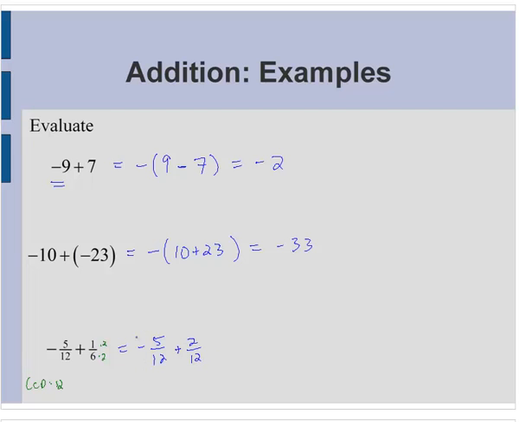The 5 is larger than the 2, so I know the sign will be negative. Subtracting the values, 5/12 minus 2/12 is 3/12, so we'd have -3/12. And reducing the fraction by a factor of 3, -1/4.